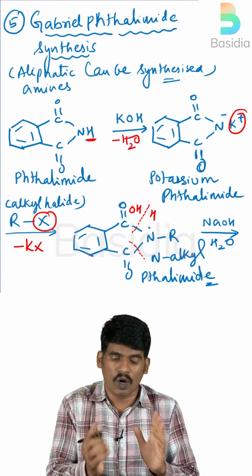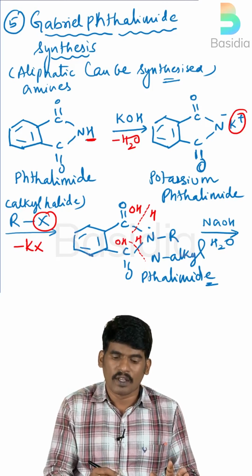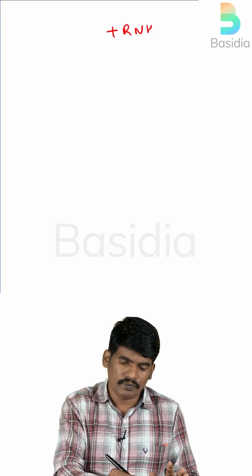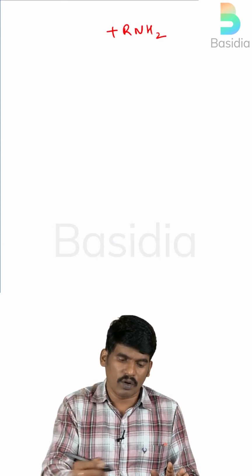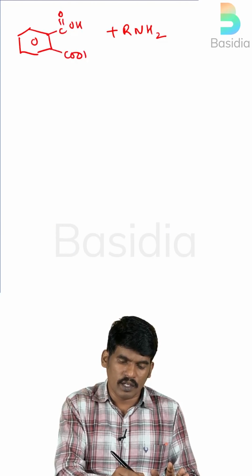Hydrolysis means breaking with water. And here add OH and here add H. So what we got here? RNH2. Similarly, here we got COOH and OH there also, COOH, COOH.